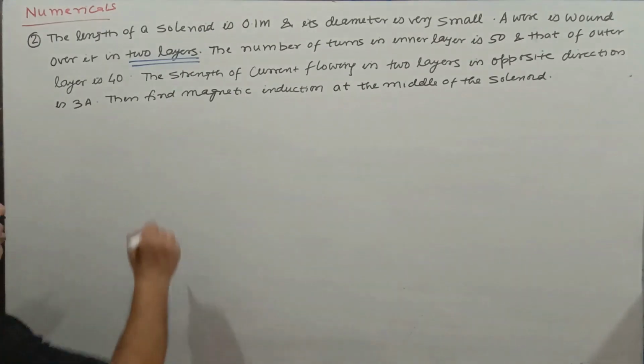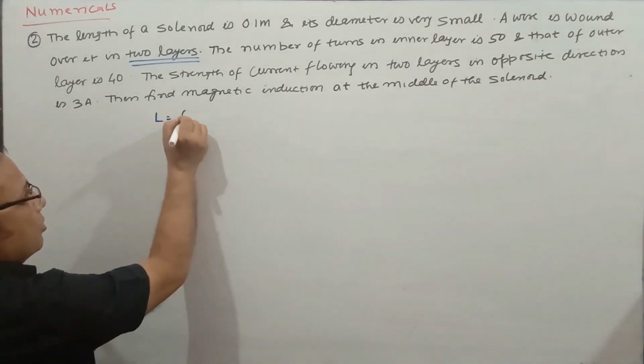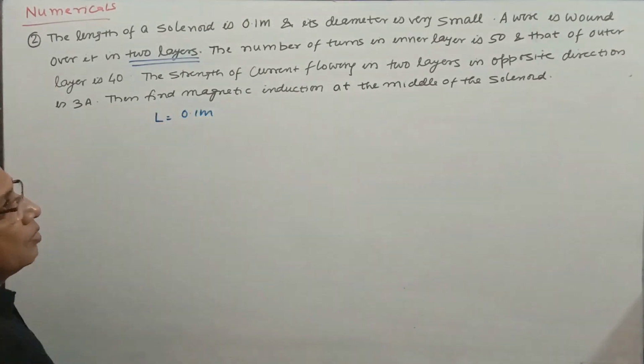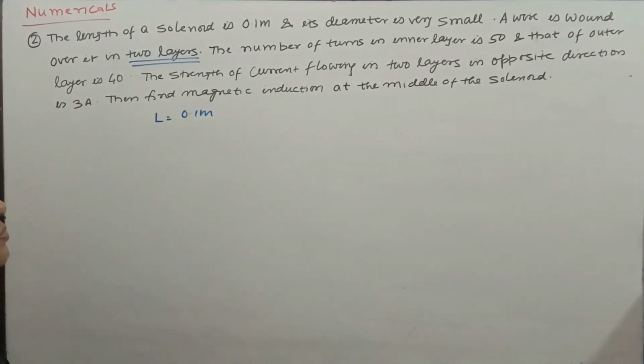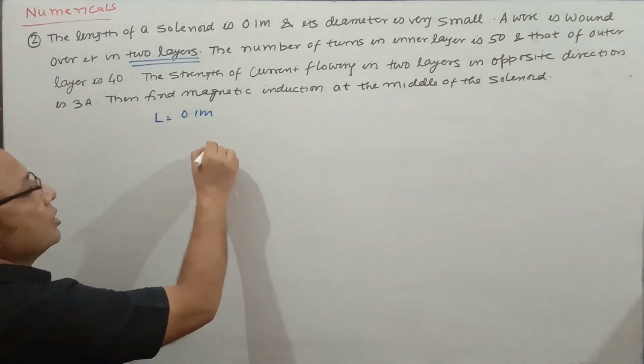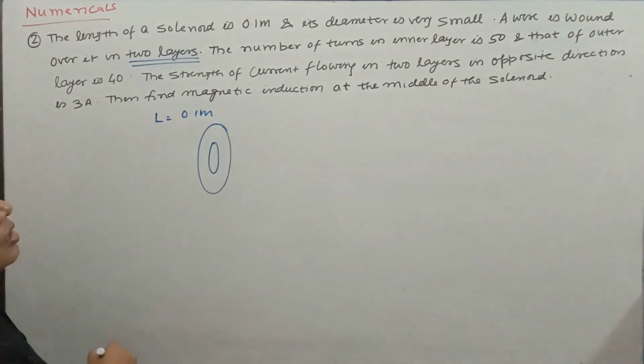The length of a solenoid is 0.1 meter in the next question. The diameter is very small. A wire is wound over it. In 2 layers, the number of turns in the inner layer is 50. So this is the inner layer. Let's say one outer layer will also be there.